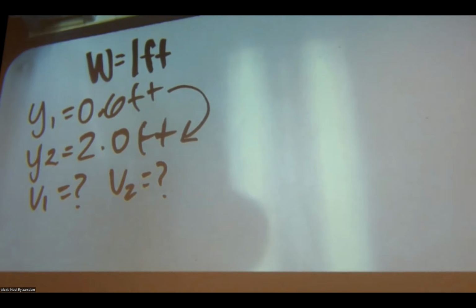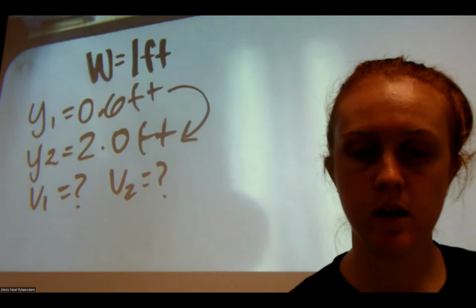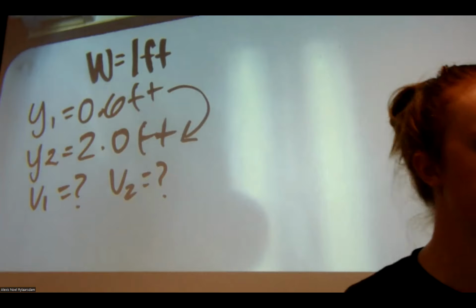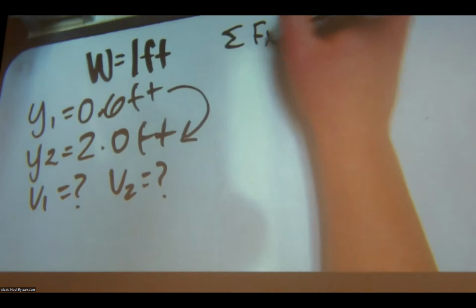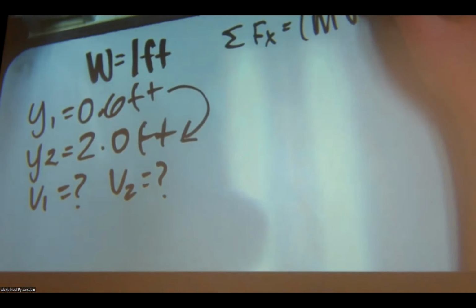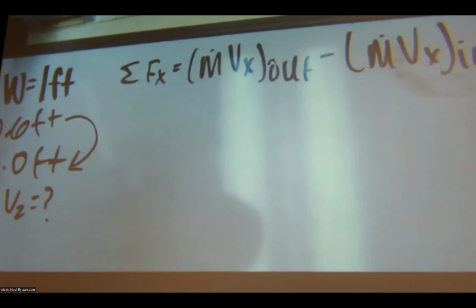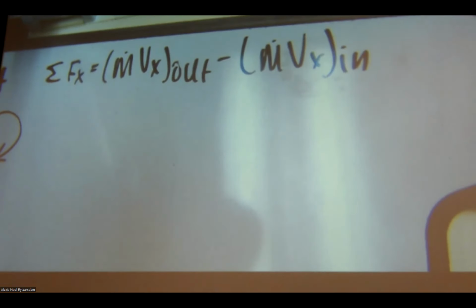In that control volume, because we were given the control volume, that means we should probably use the momentum equations. So let's copy those down right now. The sum of Fx equals m dot x out minus m dot x in.